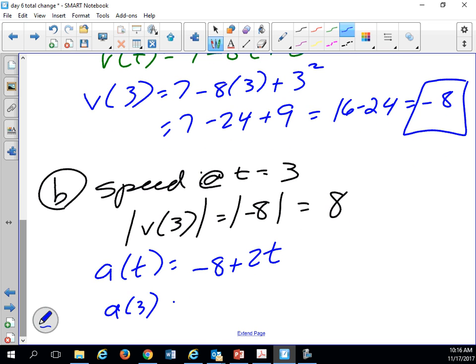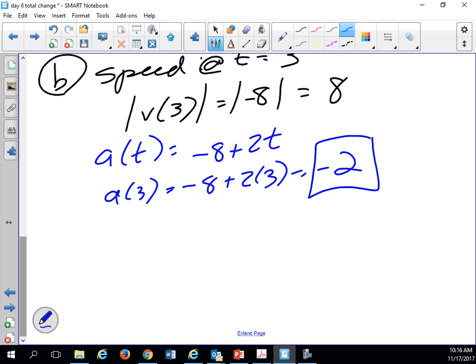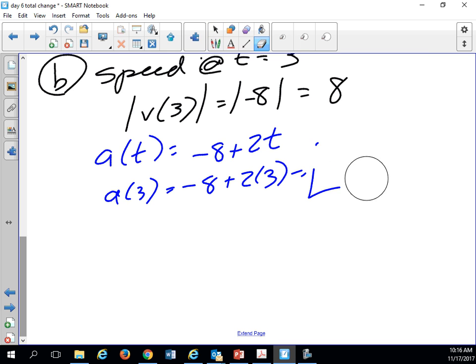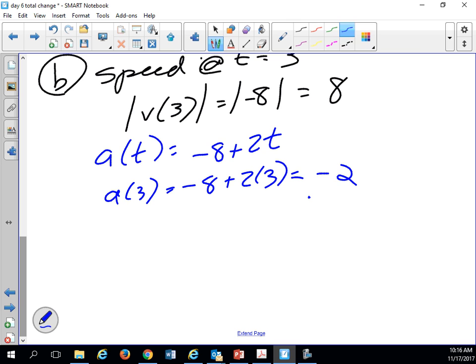A of 3 is negative 8 plus 2 times 3, which is negative 2. So, A of 3 is negative 2, V of 3 is negative 8. Speeding up, slowing down? Speeding up. Why? Because they have the same sign.